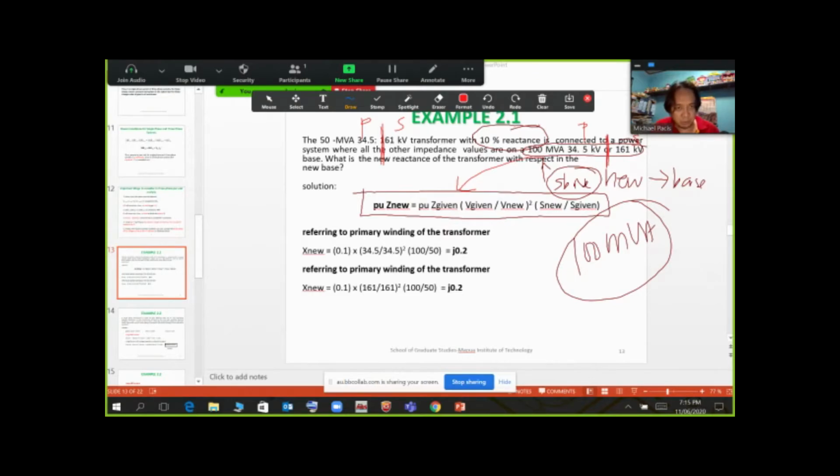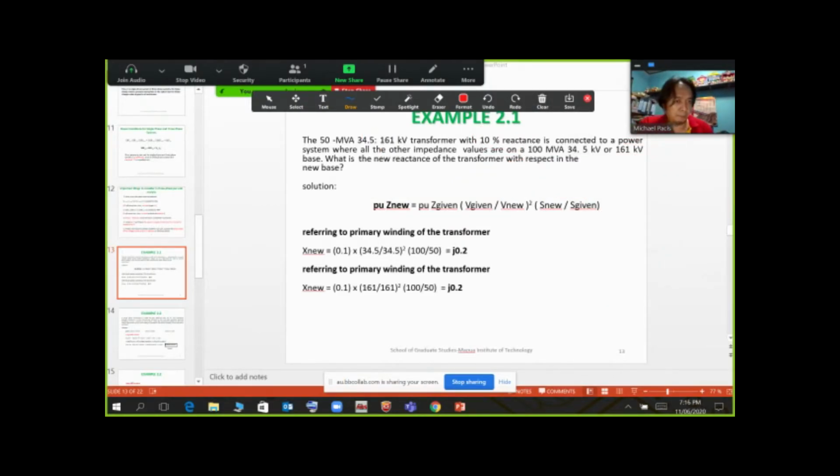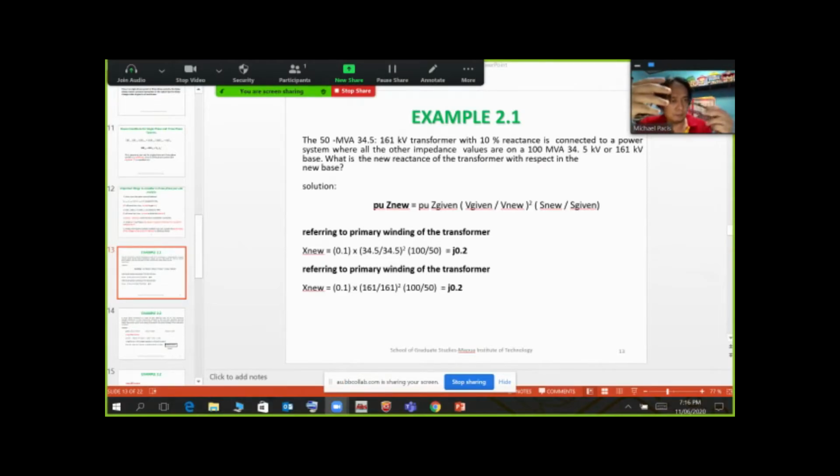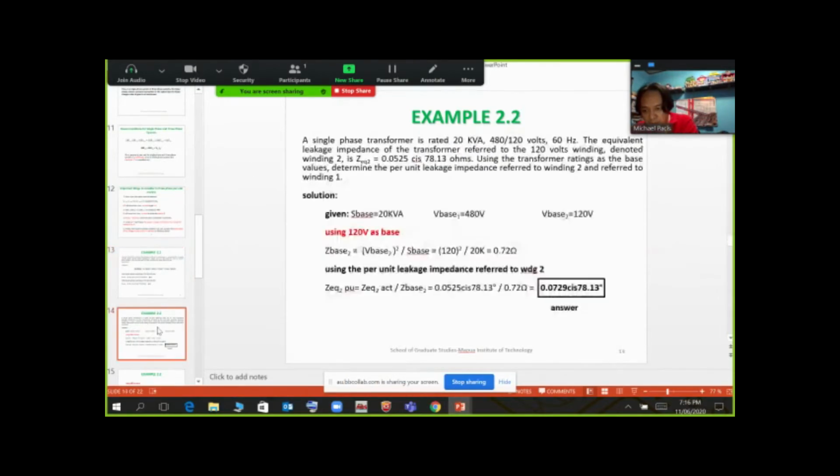Whatever the reference that you have, primary or secondary. So this is a very simple problem which uses the change of base formula. Let us move forward to another example.